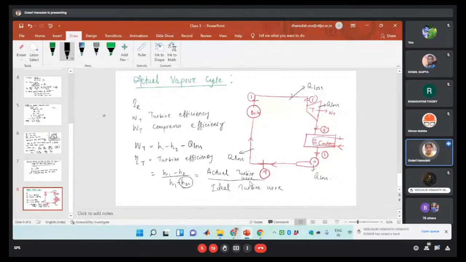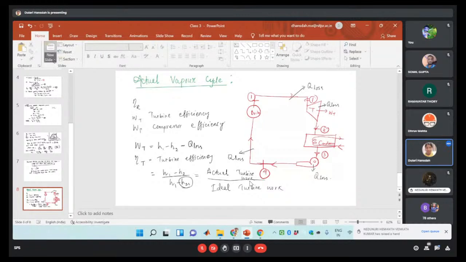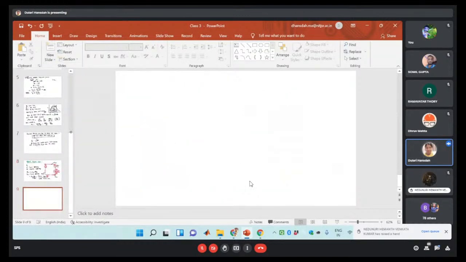The ideal turbine work is related to the isentropic enthalpy drop. The isentropic process is considered a reversible adiabatic process, but in the actual turbine work we do not consider a reversible adiabatic process. So the process will be the irreversible one. If I plot that diagram, the TS plot will be like this.